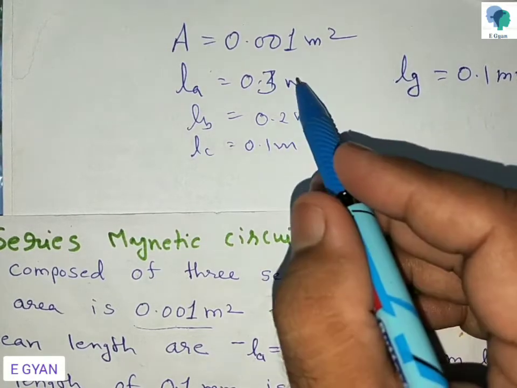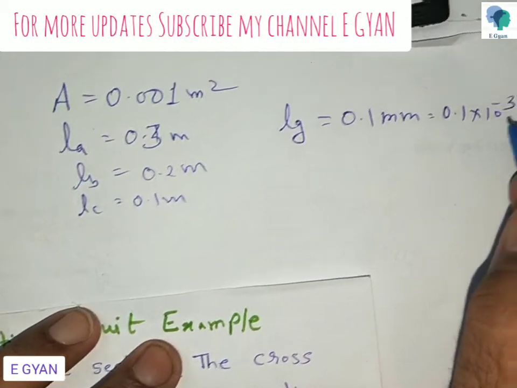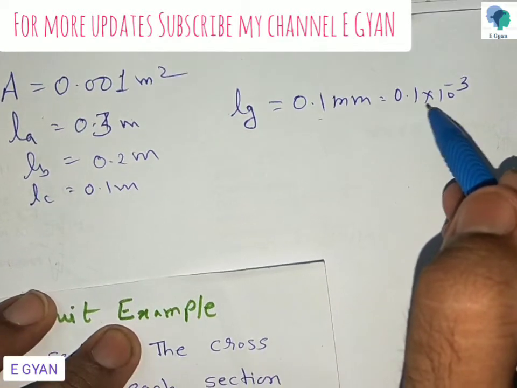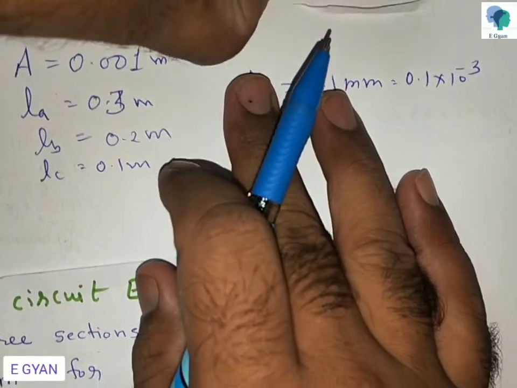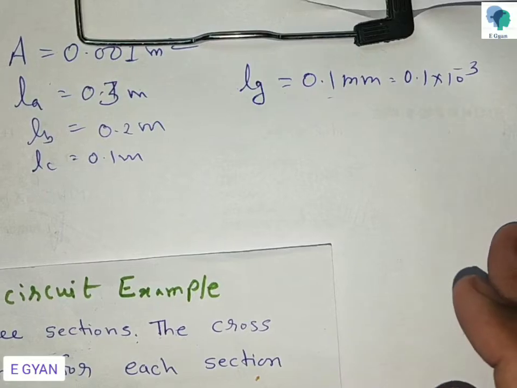Okay, so all these are given in meters and this is given in millimeter, so we will convert it into meter. So LG is equal to 0.1 mm, that is 0.1 into 10 to the power minus 3 meters. So these are the data which are given.